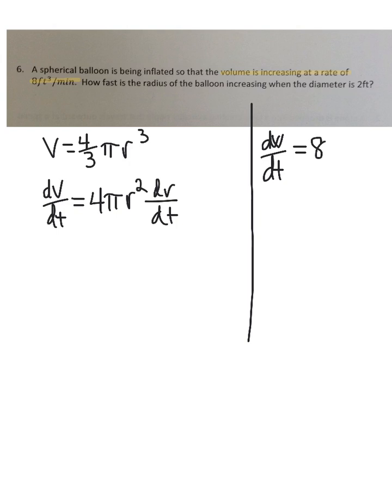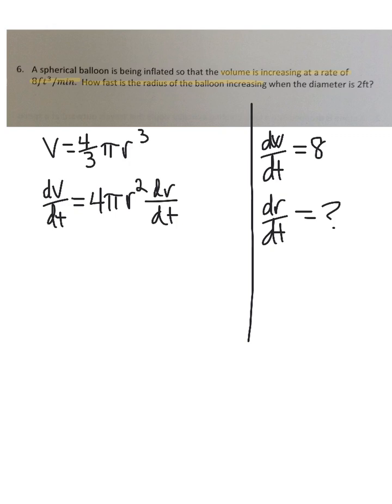The next thing that they're giving us in the next sentence is how fast is the radius increasing. That would be your dr/dt, okay? And we don't know it. They want to know what dr/dt is, so we're going to put a question mark there.